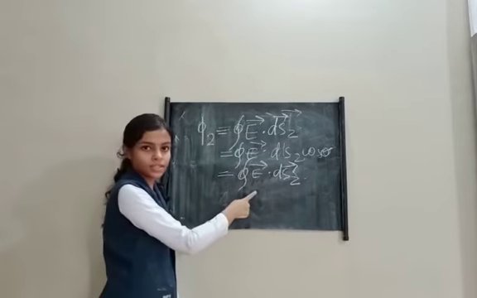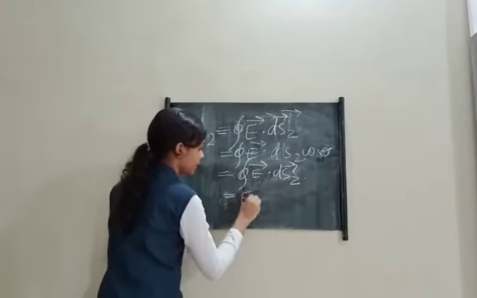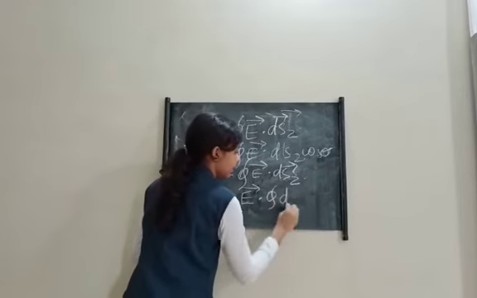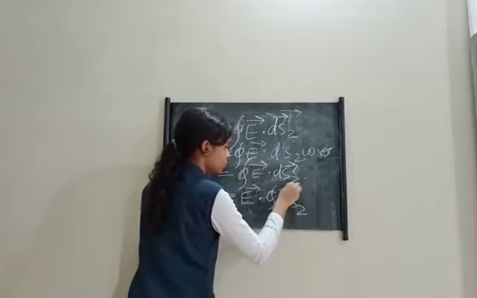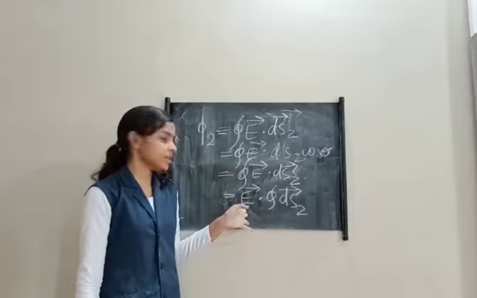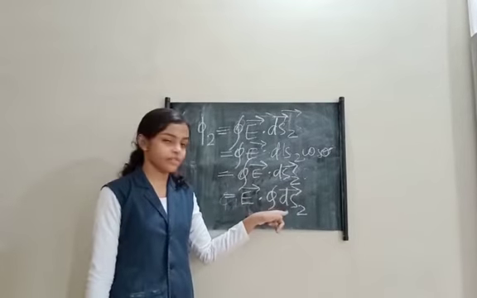Now E is a constant here, so we are taking E outside. So E integral ds2. So we have come to a new equation. Integral ds2 is the total surface area.